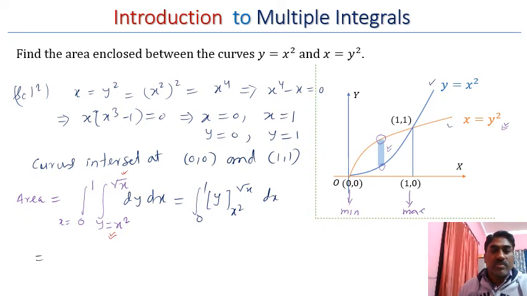So this will become integral 0 to 1 of x minus x square dx, and you can now integrate it.